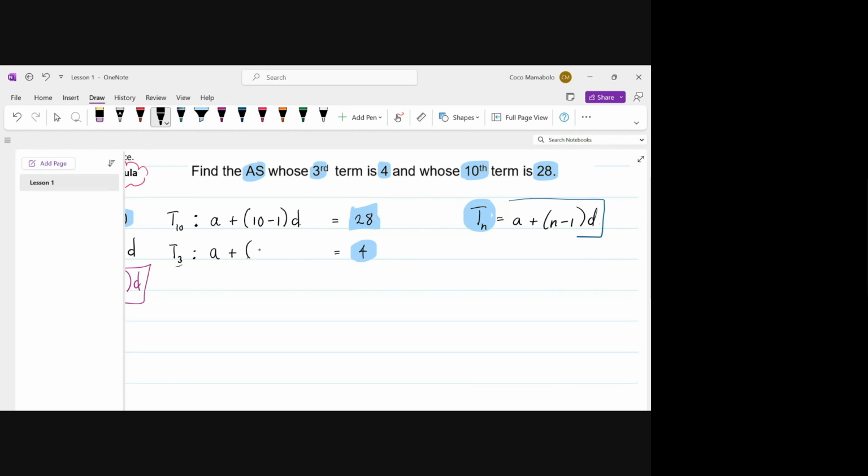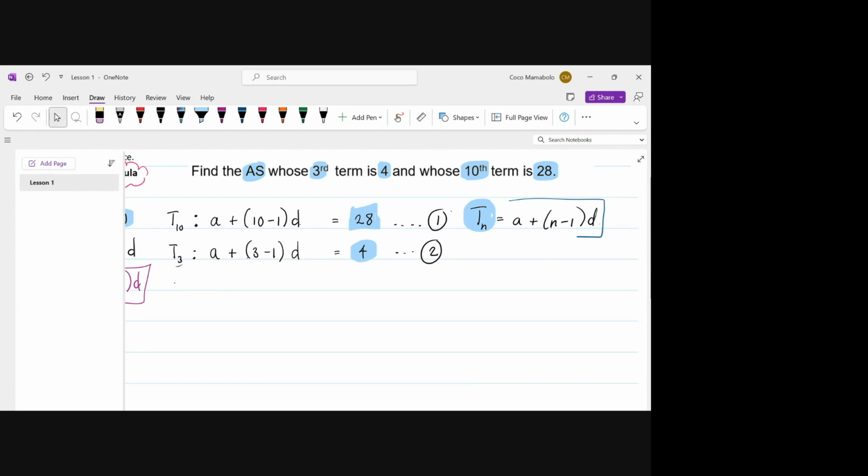So we get 3 minus 1, good, close bracket, and D. Excellent. Good. And that's equation 1 over there, and this is equation 2. Beautiful work, guys. Okay, let's clean it up a little bit.